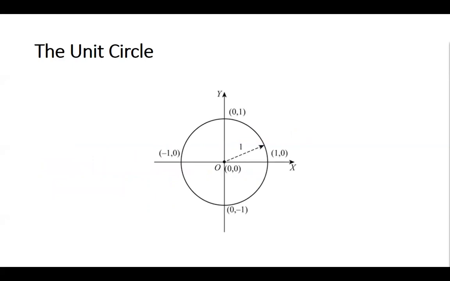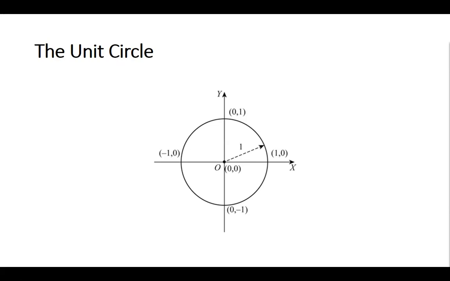Basically, the idea of a unit circle is that the radius of the circle is exactly 1 unit, or we just say 1. Which means, as you can see from this little picture here, that when you're on the x-axis, you're going to cross at the point 1, 0 and negative 1, 0.